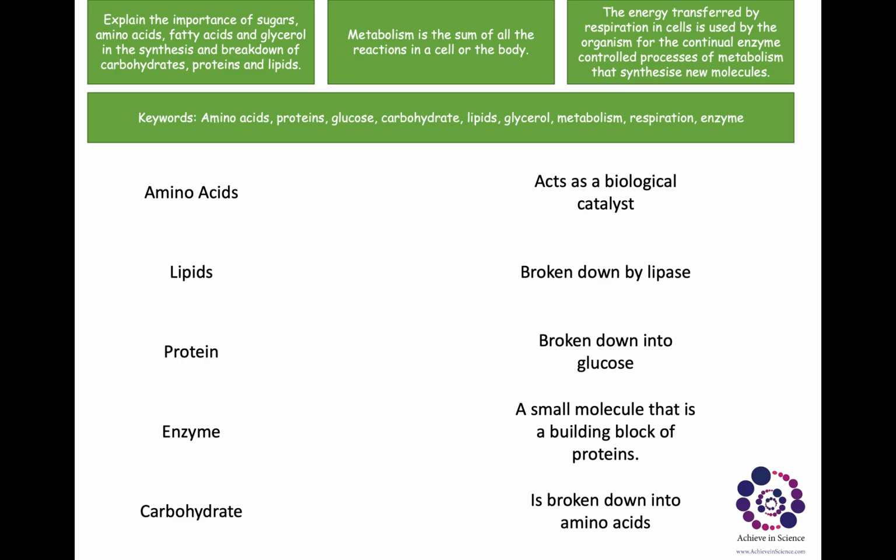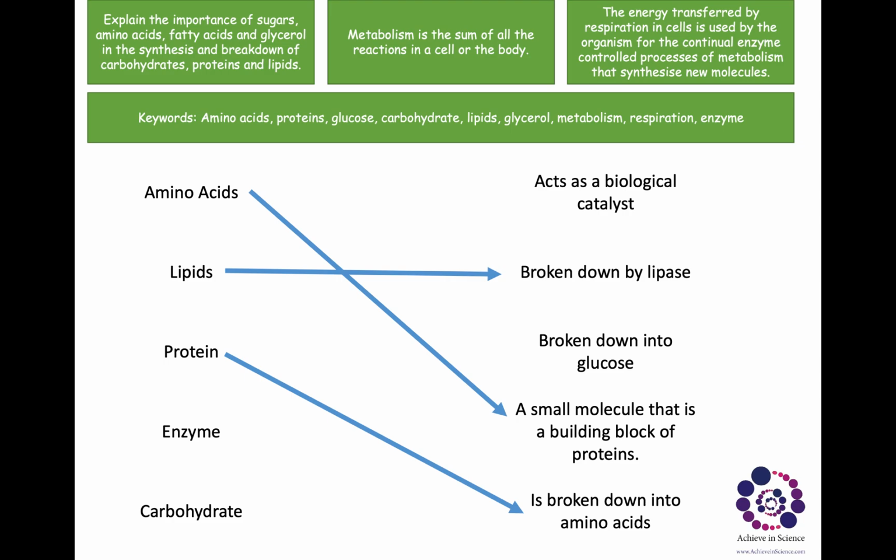Okay, so let's go through some answers. Amino acids. So an amino acid is a small molecule that is a building block of proteins. It's found in proteins, and proteins are made up of amino acids. Lipids. There's a keyword here which might give you a clue. They're broken down by lipase. What are proteins?